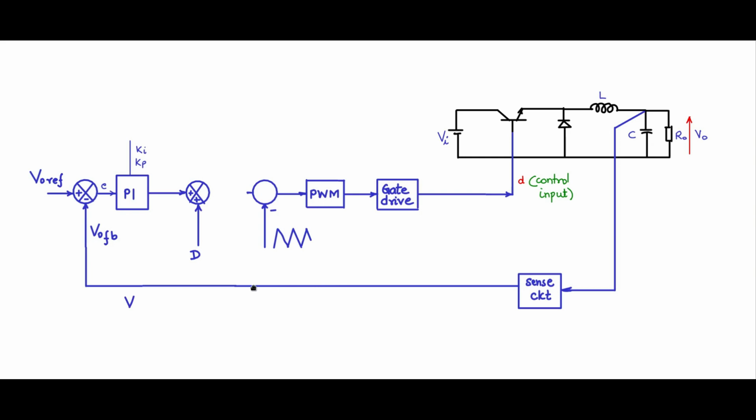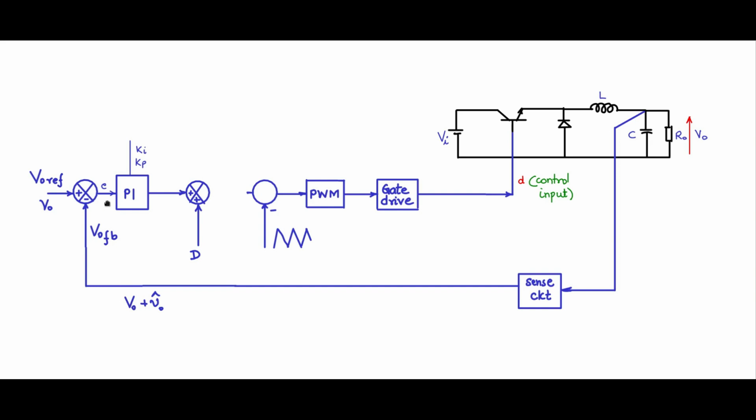Now what is being fed back is V0, the nominal or steady state V0 plus the disturbance or the variations in V0. The V0 reference has to contain only the nominal steady state operating point V0. It doesn't contain the deviation because this is the reference.